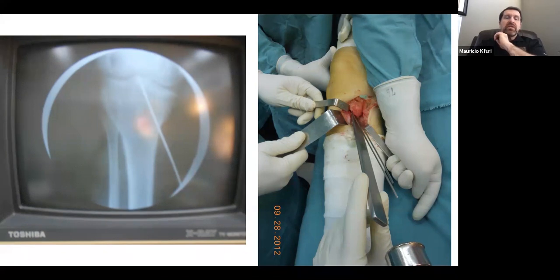Otherwise, you may go to a different plane, and even if you can lift the joint line, you sometimes cannot really correct the main plane of the deformity. It's easier to go from the front, but in order to do this particular osteotomy, you have to elevate the MCL, and I believe this is what happened here. And looking at the surgical approach, I believe that also the pes anserinus was elevated.